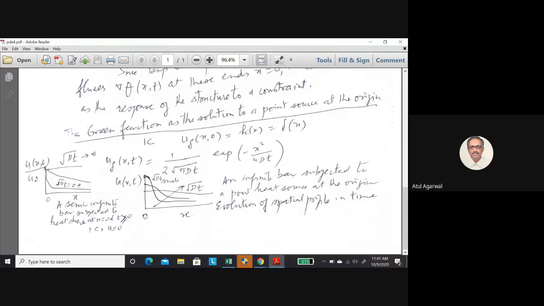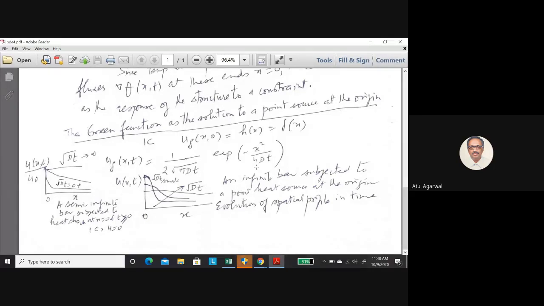You apply the point source at time t equal to 0 at position x equal to 0. Now you see what happens. This is the solution of that problem.